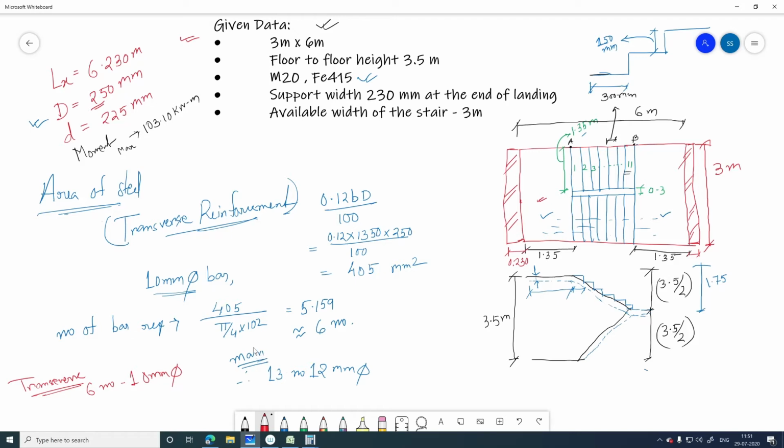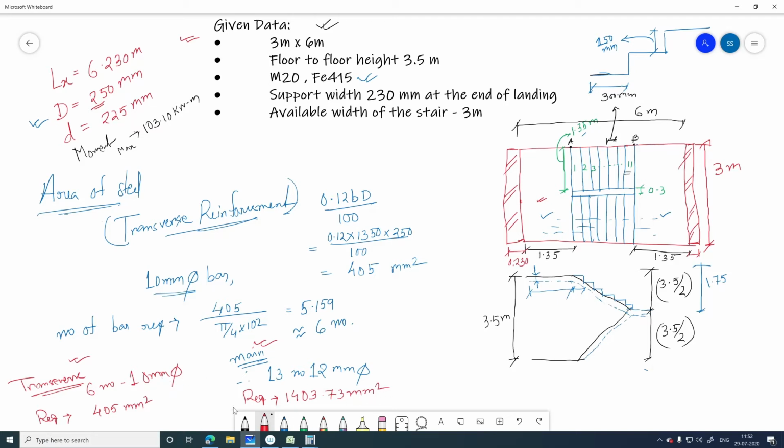The main reinforcement we have determined over here, and this is for the transverse reinforcement. So both we have determined. So these are the provided values, and the required values, let's write. The AST which is required here is 405, and here the required value is previously 1403.73 mm square.